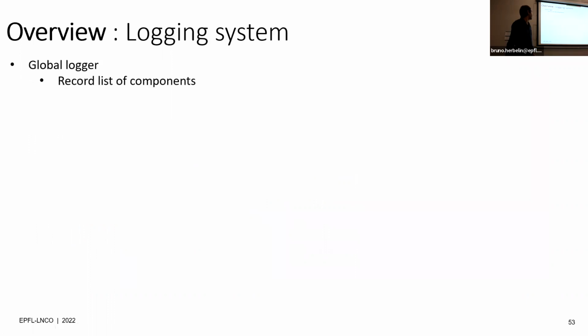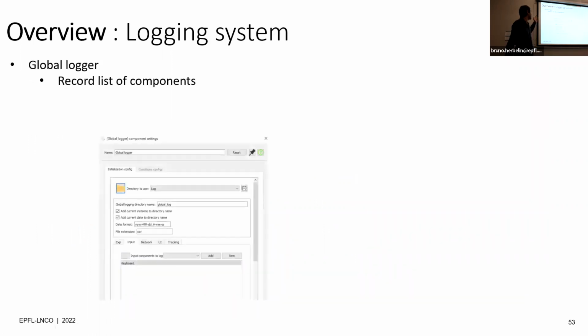Okay, and so the logging system. I spoke about the global logger before. The idea is to record other components from this one and to say we have different categories: input, network, UI, tracking. If I add it to the list, this component will take care of logging what that component has to log, and it will add data in different files in two different ways.